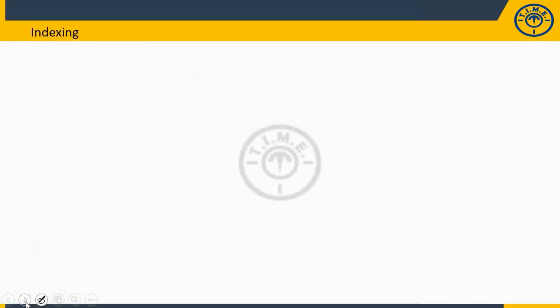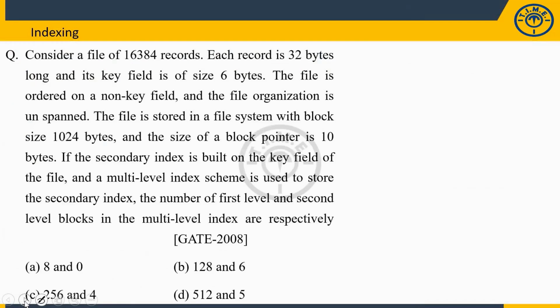And then in the indexing chapter, you can expect questions on primary, clustered, and secondary indexes, but previously questions were asked on multi-level indexes. So expect questions on multi-level indexes. In 2023 also a question was asked recently on multi-level indexes.